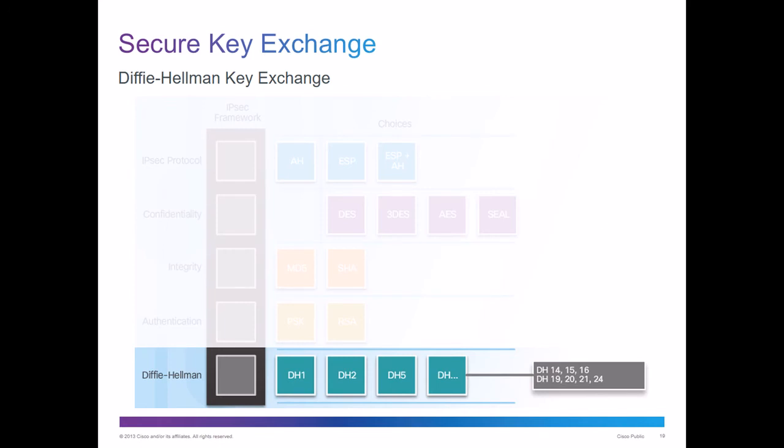When it comes to Diffie-Hellman, there are different choices. You have Diffie-Hellman 1, 2, 5, and there's a whole bunch of Diffie-Hellmans. The higher the number, the more secure it is when you are exchanging a pre-shared key.